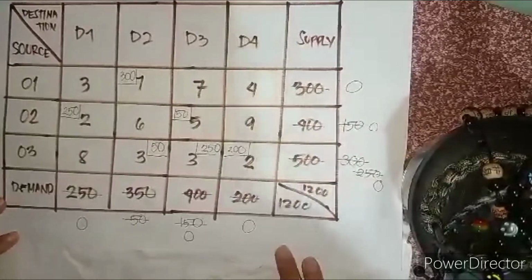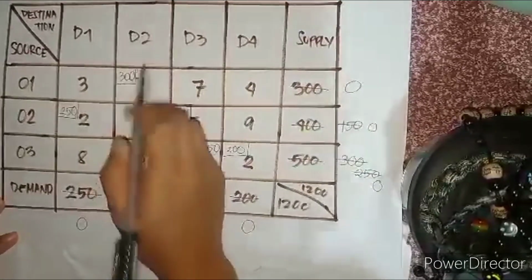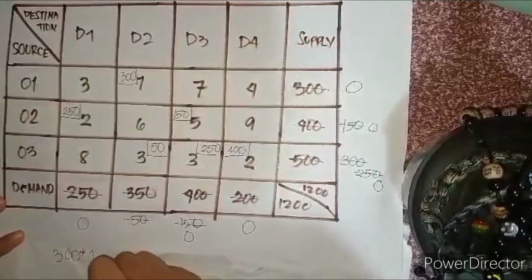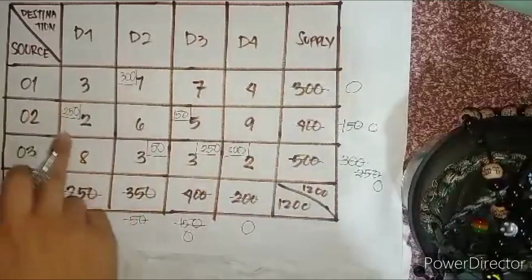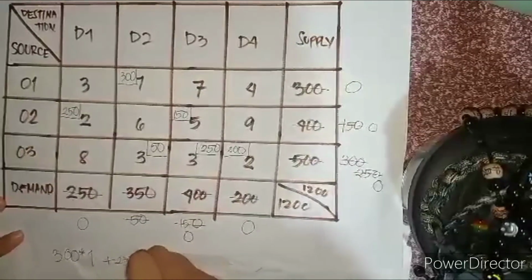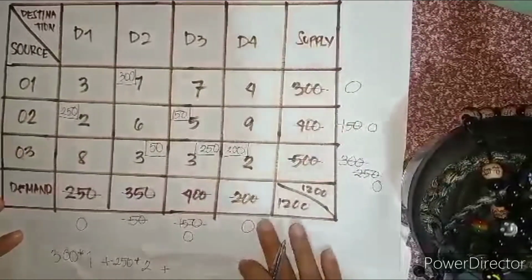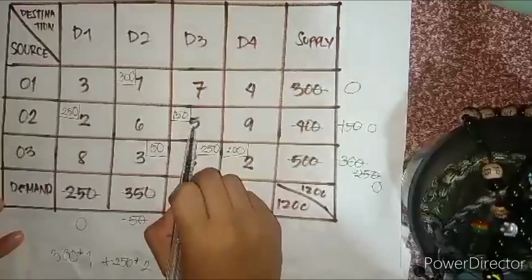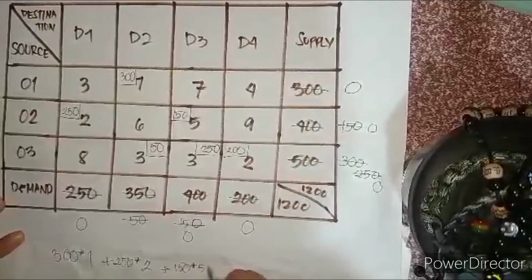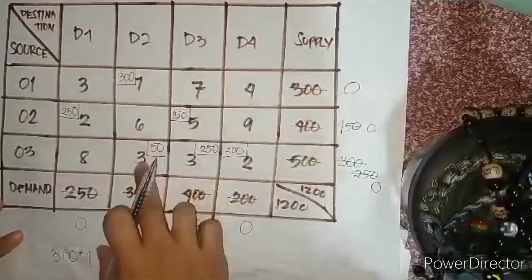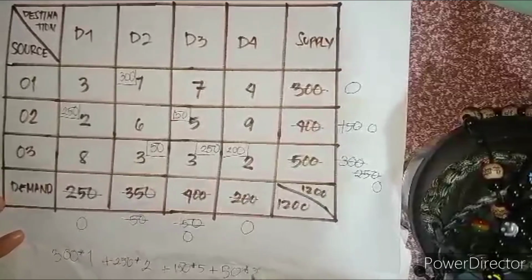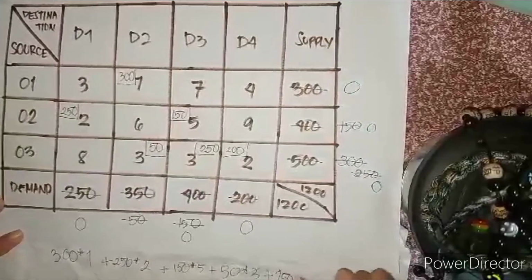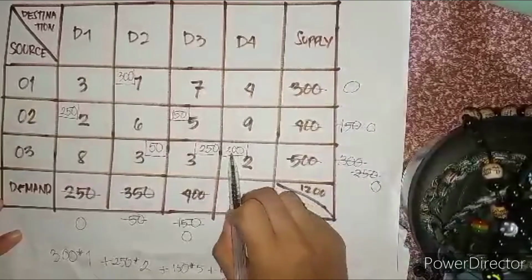So that is 300 times 1, plus 250 times 2, plus 150 times 5, plus 50 times 3, plus 250 times 3, plus 200 times 2.